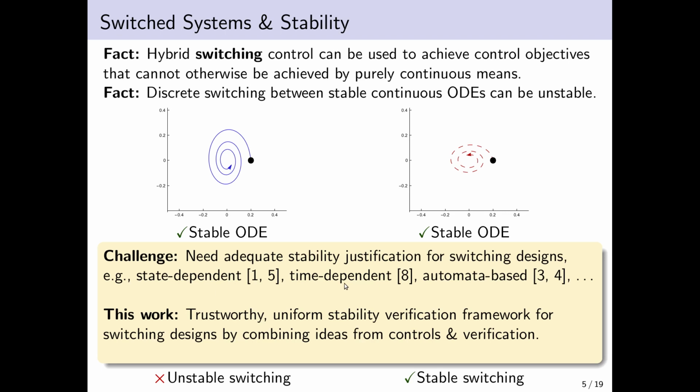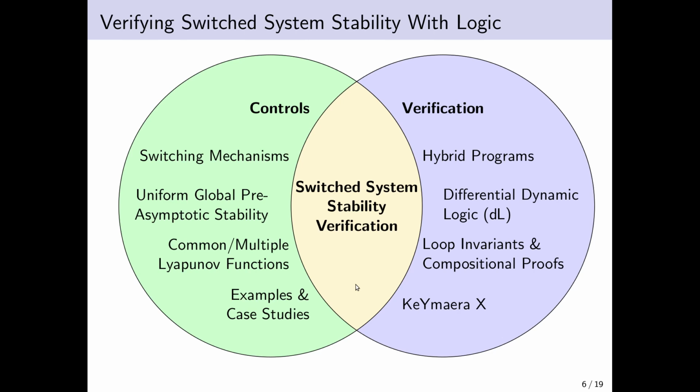However, now the question is, what if we have a new switching design that is different from these, or what if we have one that just combines some of these ideas? How do we give a rigorous and trustworthy proof that our new switching design is actually stable? And that's what we provide in this work. We provide a new stability verification framework that combines ideas from controls and verification.